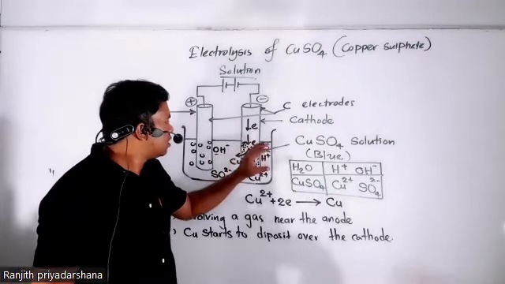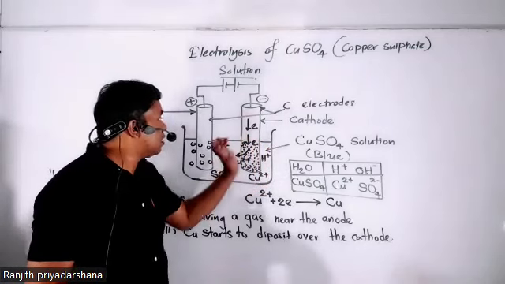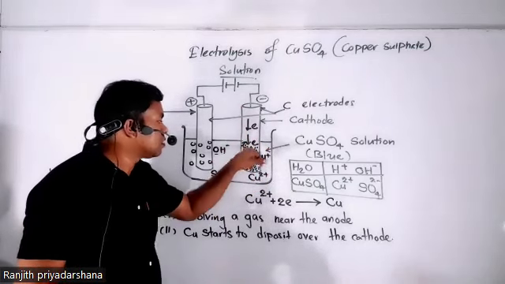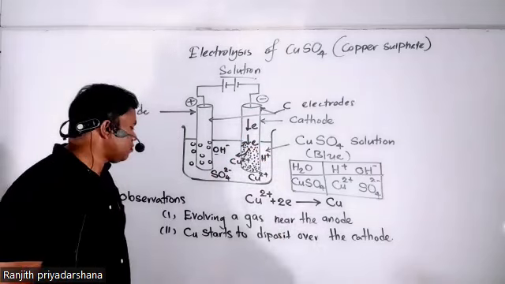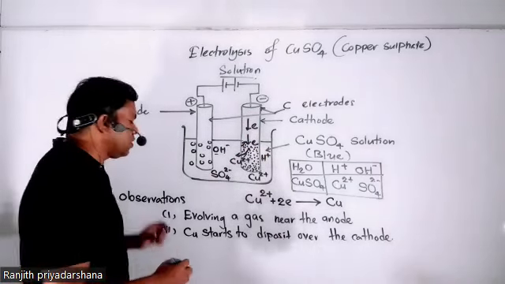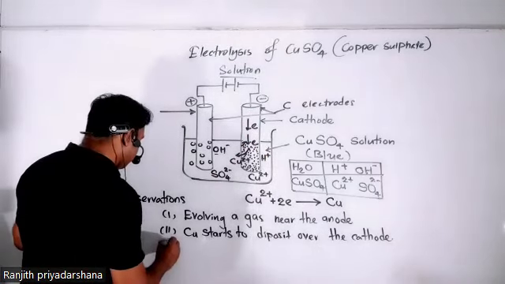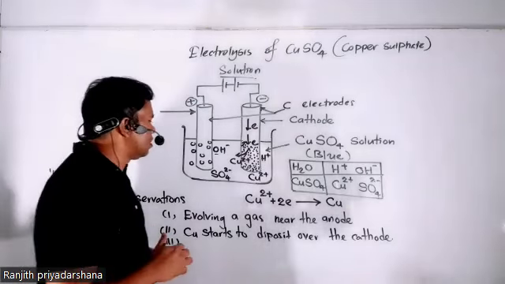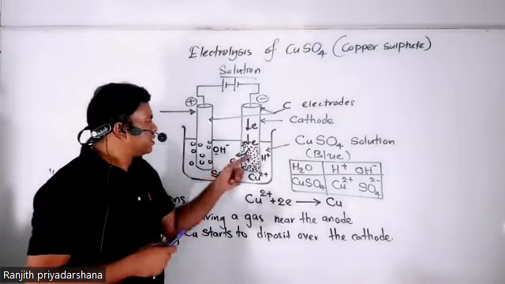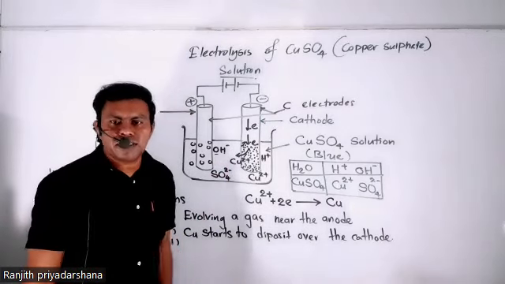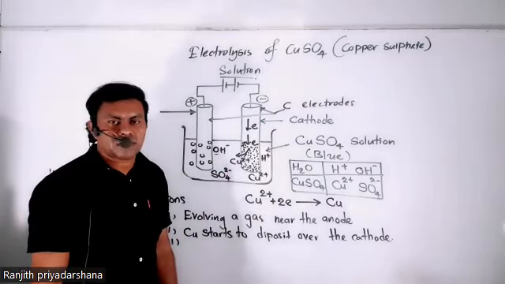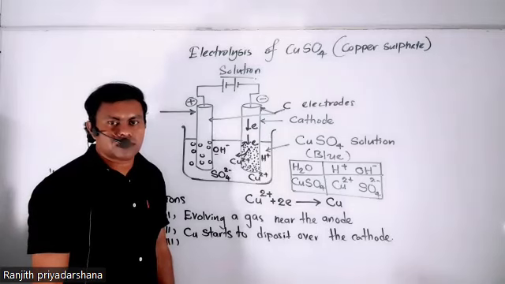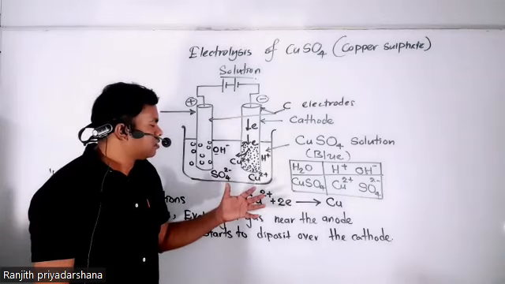Copper is deposited on the cathode. It starts to deposit. Another observation you can make. Now, what gets deposited? Copper is what gets deposited.